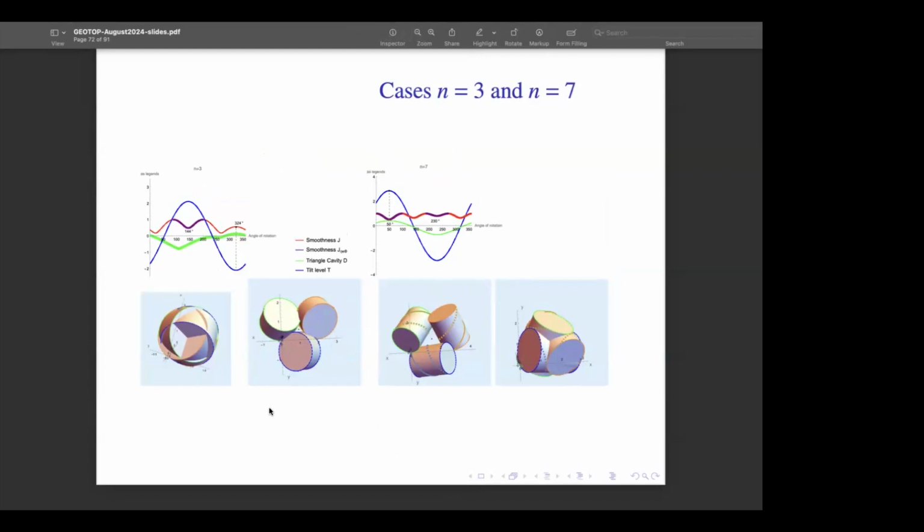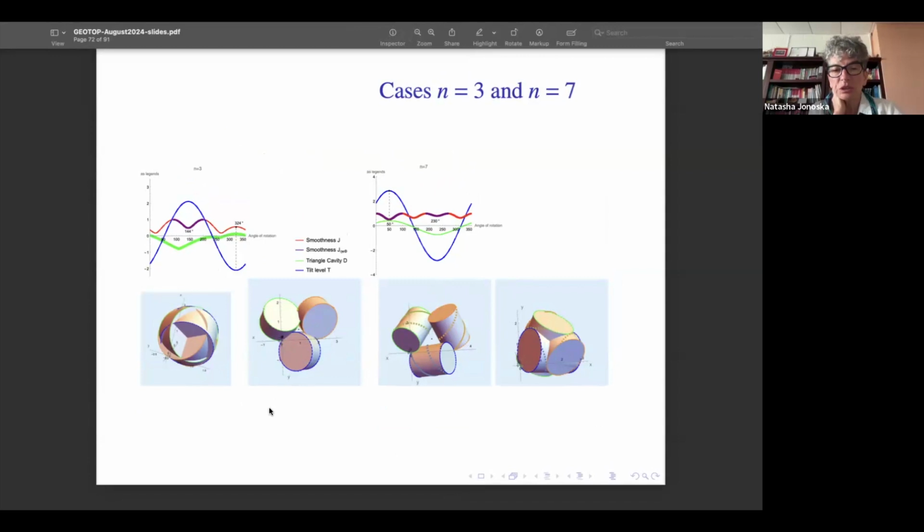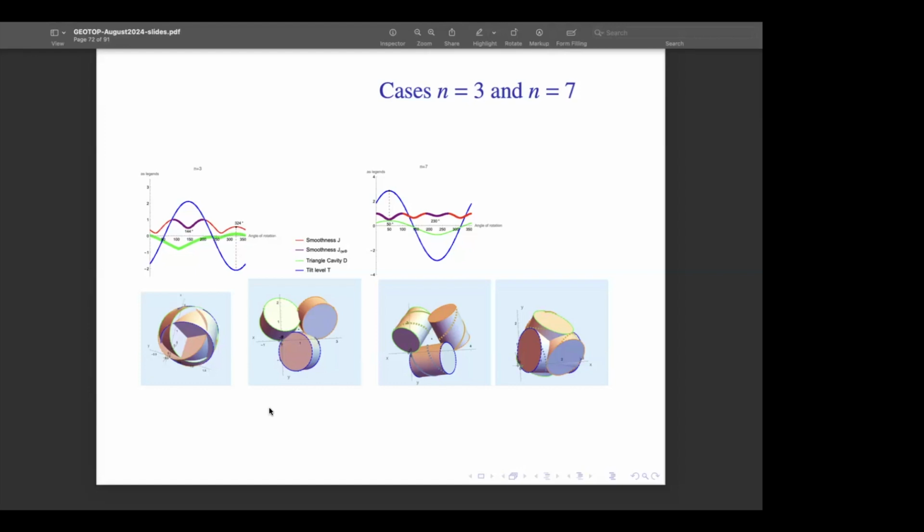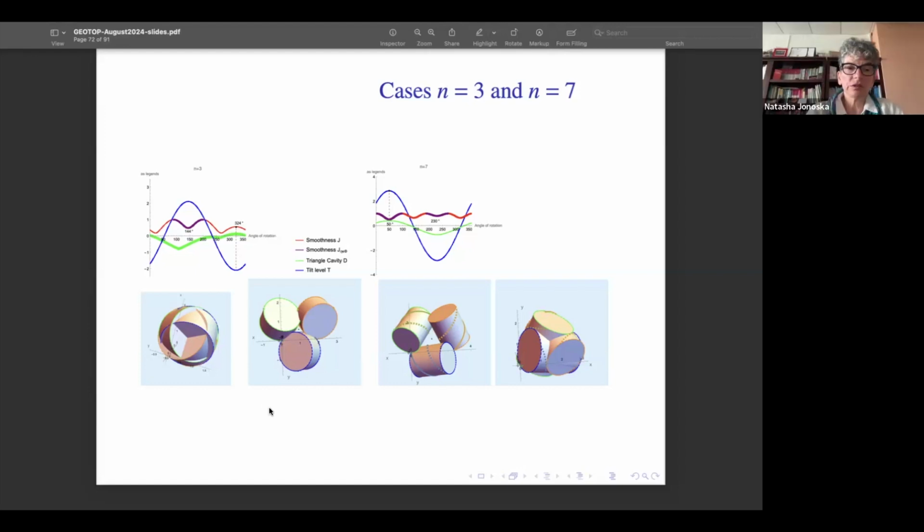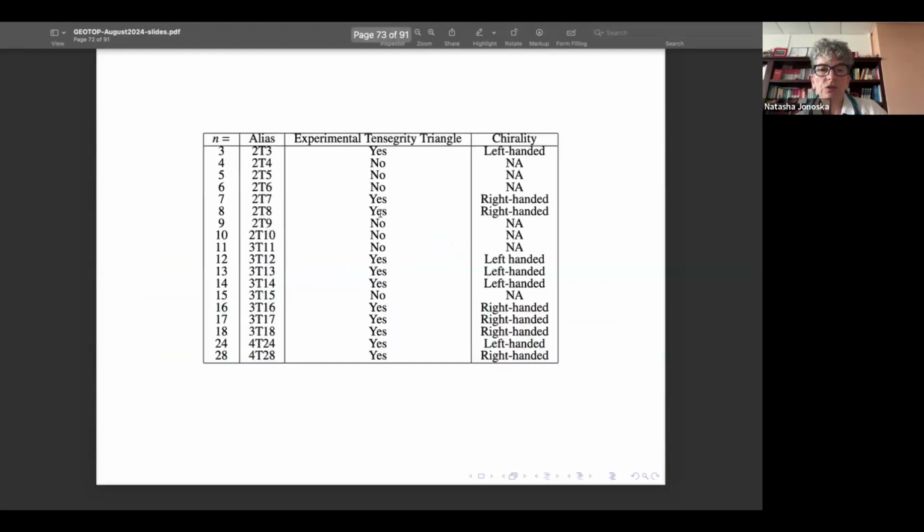And there were some structures where there was no chirality at all. There are structures where it's impossible to get this triangle. It just doesn't form. And that means that these three curves don't line up anywhere the way that they're supposed to line up. And it's funny because for three, three is just three nucleotides.